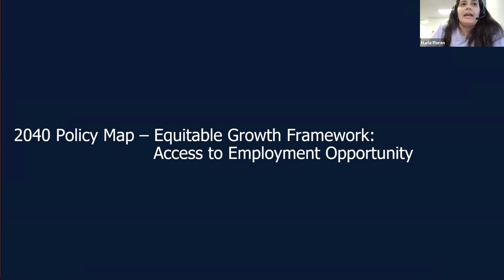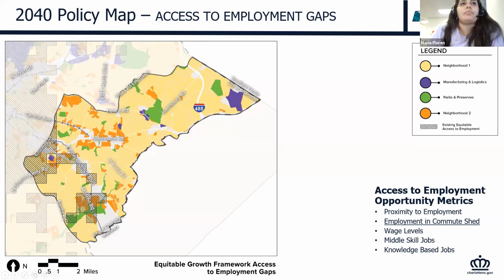So next we'll look at mapping access to employment opportunities, which is the second component of the equitable growth framework. On this map, areas outside of the black diagonal hatches are lacking existing access to employment opportunities.